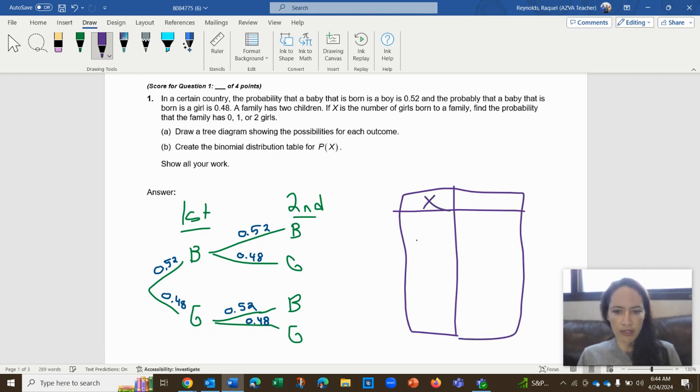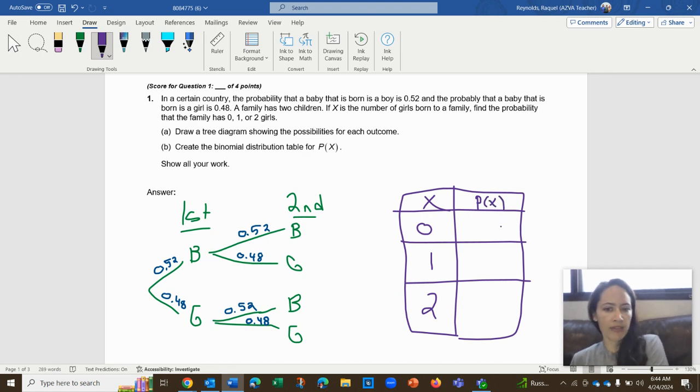X is the random variable. X is representing girls, 0, 1, or 2. And this you could say P of X or just P. It's up to you. It just represents the probability that you get 0 baby girls, 1 baby girl, or 2 baby girls.